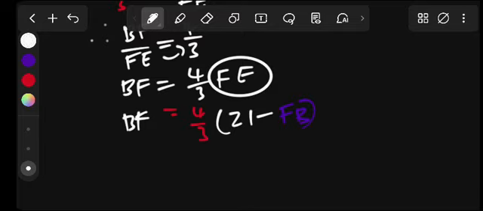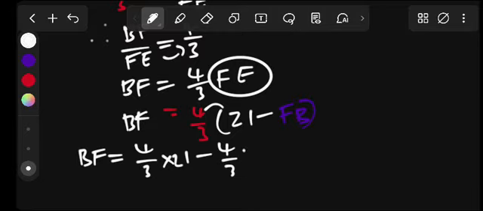So then we have FB equals, you distribute, 4/3 multiplied by 21 minus 4/3 multiplied by FB. FB and BF is one and the same thing.